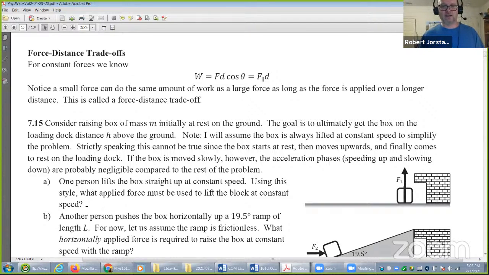Okay, so now let's think. Let's say person number 1 lifts the box straight up. If we're moving this at constant speed, what force is required?